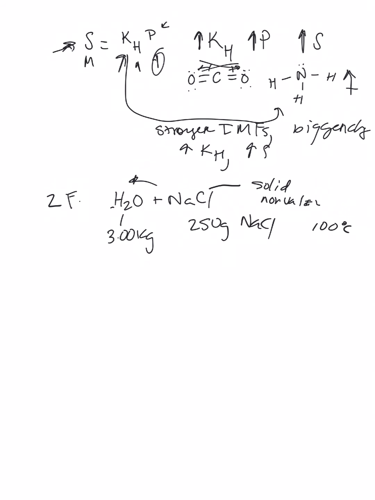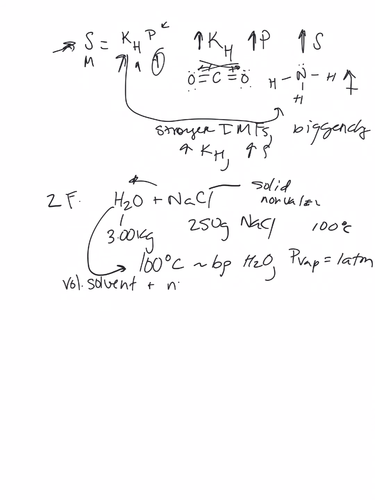So we know that water has a vapor pressure on its own. At 100 degrees Celsius we are at the boiling point of water, so the vapor pressure of pure water will be 1 atm. We learned an equation today where if we have a volatile solvent plus a non-volatile solute, this is a colligative property, where the vapor pressure of our solvent is affected by the amount of the solute.